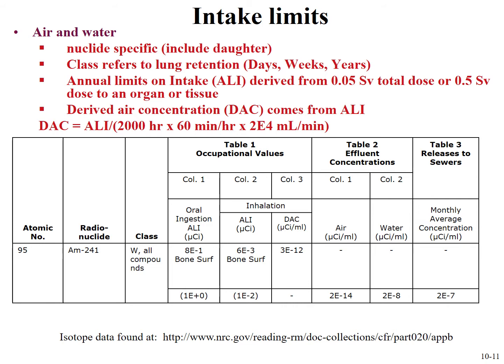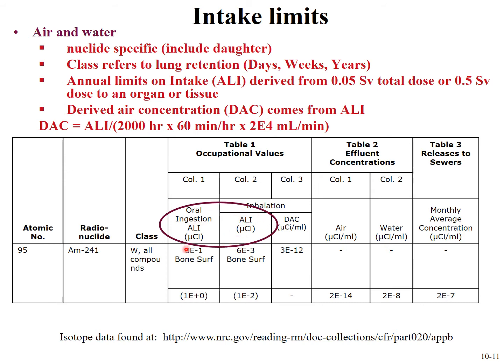There's two data sets one needs to evaluate. The annual limit on intake is derived based upon a dose received of 0.05 sievert from a given radionuclide. The ALIs, as they're called, the annual limit on intake, is listed here. You see that there's two different ones, an oral ingestion or an inhalation.